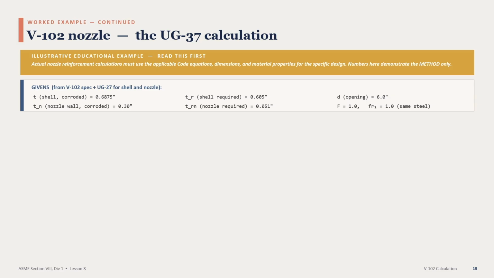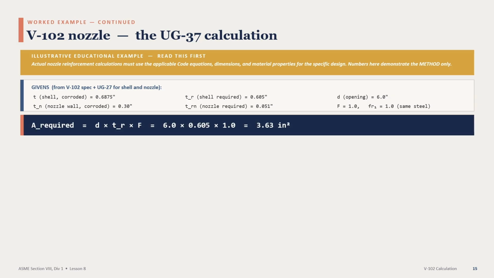Nozzle wall in the corroded condition 0.3 inches. Nozzle required thickness per UG-27 0.051 inches. Essentially trivial because the nozzle radius is small. F equals 1 and FR1 equals 1 because we are using the same material family for both shell and nozzle.